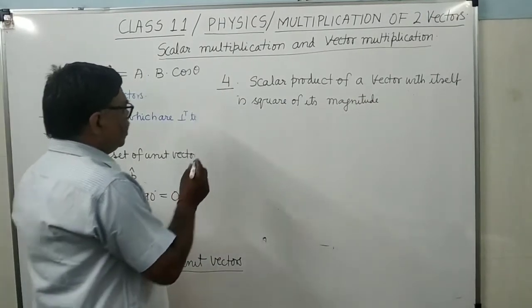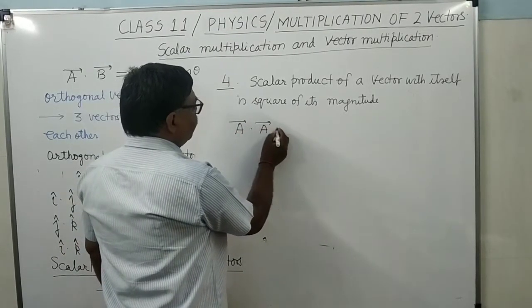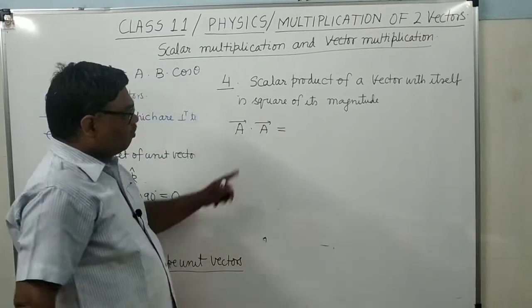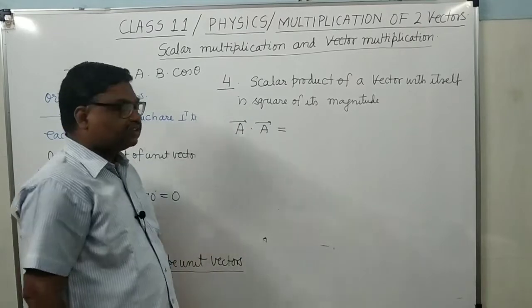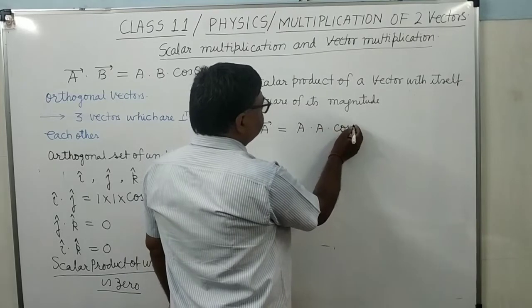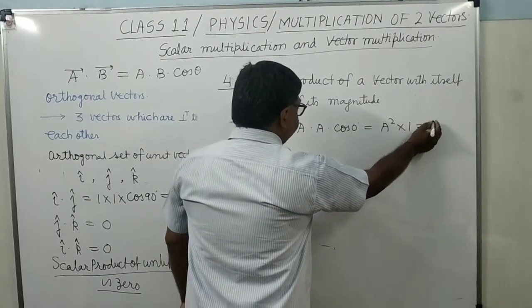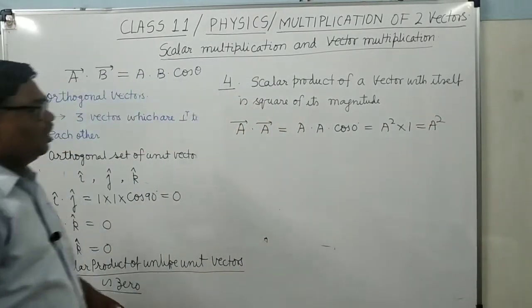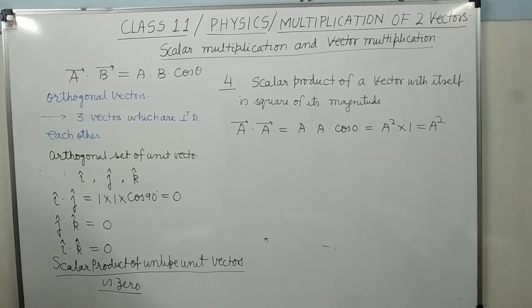You can see here vector A dot vector A. What is the magnitude of this vector A? What will be the angle between both? Since the vectors are the same, the angle will be 0 degrees. So A into cos 0 degree, that is A square into 1, that is simply A square. It's clear? It means the scalar product of a vector with itself is equal to the square of its magnitude.